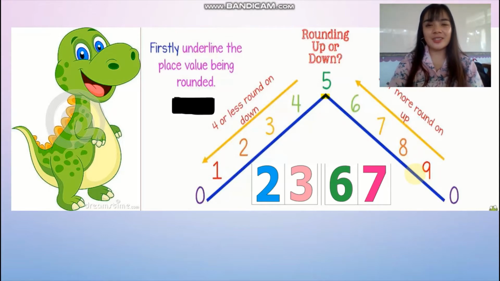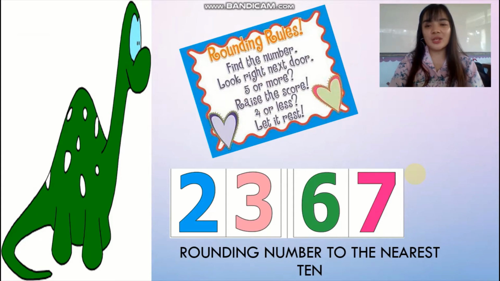So let's start rounding numbers to the nearest 10. This is the rounding rule. Find the number, look right next door. 5 or more, raise the score. 4 or less, let it rest. So when we are rounding a number to the nearest 10, we need to look at the place value, or the number in ones place.